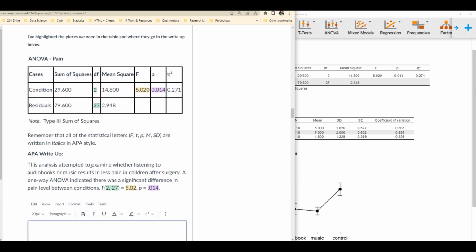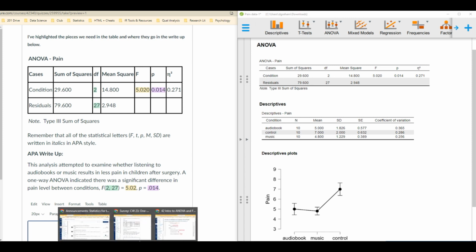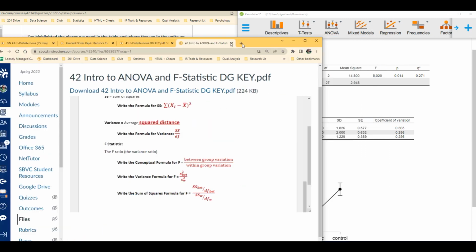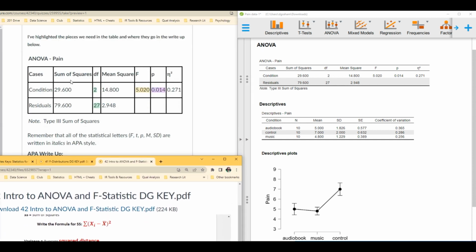I want to point out one thing here. So going back to our guided notes, looking at this, we see our between groups variation over our within groups variation is what gives us our F value. So just want to highlight something that we see in all of these values because we don't need all these numbers ultimately in our write-up.